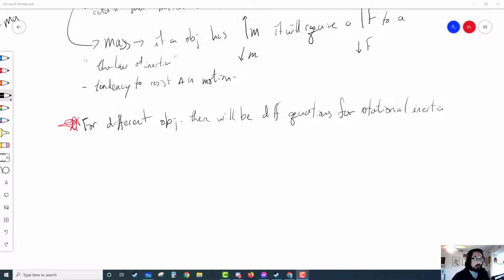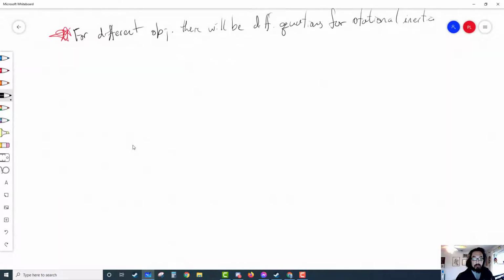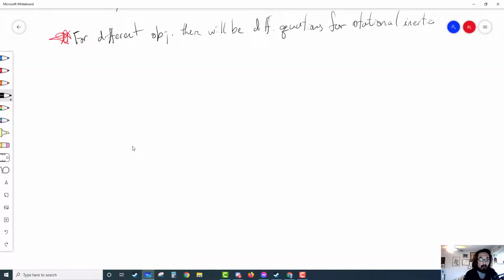All right. The generic form of the equation for rotational inertia, the variable is capital I, is equal to the mass times the radius squared. Okay, now the radius simply means how far the object is from the center of the spin.